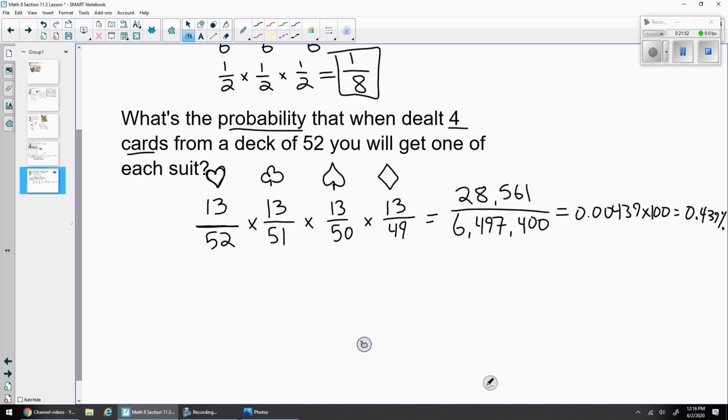Okay, so it's actually very unlikely that you'll get 4 cards, each from a different suit, when you were dealt 4 cards. There's only this much of a chance. So pretty neat to see. Probabilities and statistics this way is sort of cool.